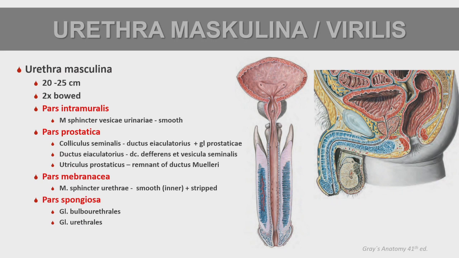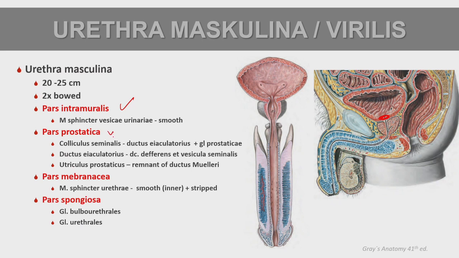urethra. Urethra masculina or virilis is longer. It's 20 to 25 centimeters long. It's twice bowed. And then we can see more parts here than in women. We have the intramural part, which is in the muscular layer of the urinary bladder.